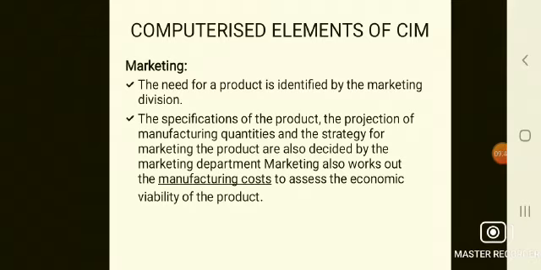Marketing also works out the manufacturing cost to assess the economics of the product. Here, the marketing team is responsible for the production of a new product, and for any feedback from the customer about the product to improve it.